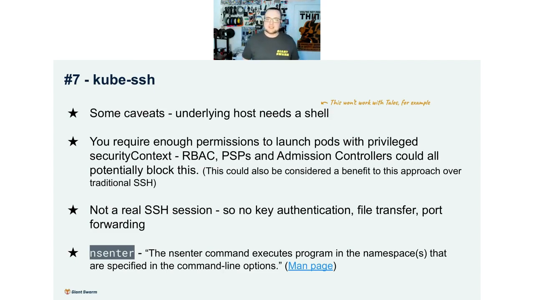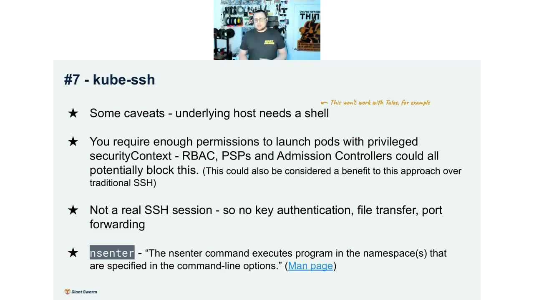So things that could prevent this are your RBAC, your PSPs, admission controllers, various things. This could also be seen as a benefit in that you can use your same Kubernetes authentication restrictions to also restrict the access to the node itself. Whereas with SSH, you have to deal with that again separately, and there's pros and cons.